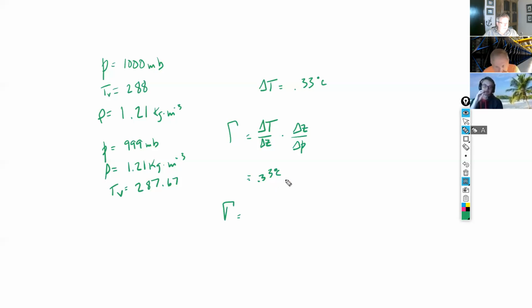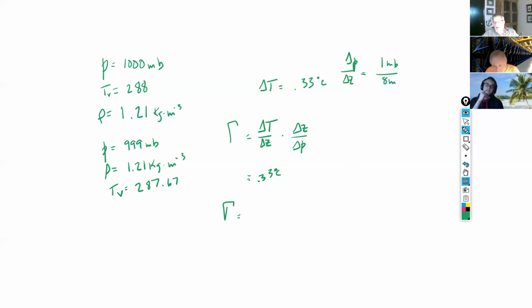I know that delta T is equal to 0.33 Celsius per 1 millibar. I know that delta Z over delta P, or is it the other way around? No, it's delta P over delta Z is equal to 1 millibar per 8 meters.